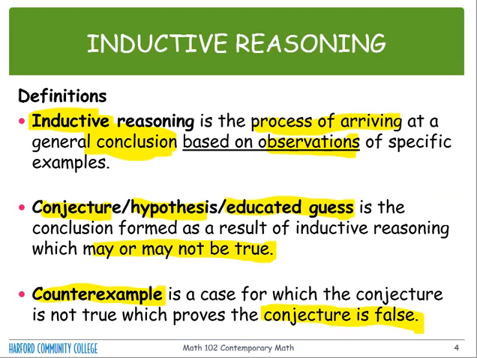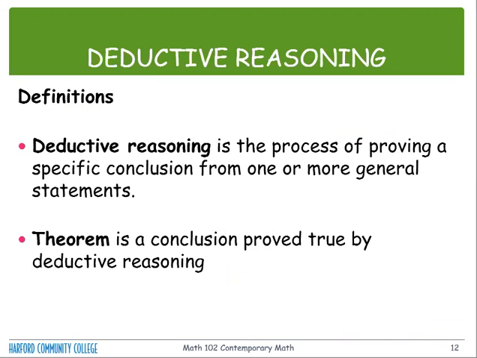Then I'm going to go over deductive reasoning to show you the difference between these two. Deductive reasoning is the process of proving a specific conclusion from one or more general statements. In deductive reasoning, the conclusion is called a theorem, and this theorem is already proved to be true, so it is always true.